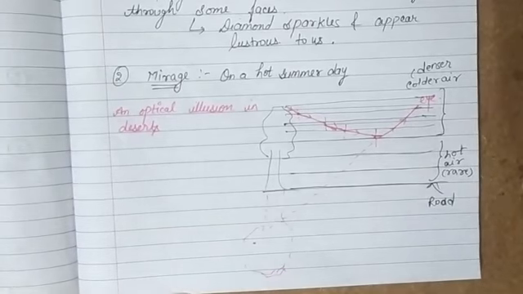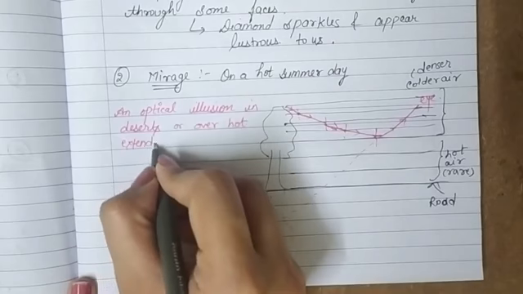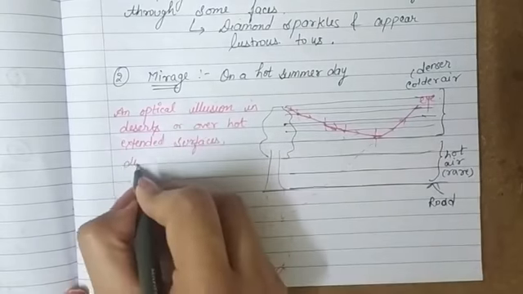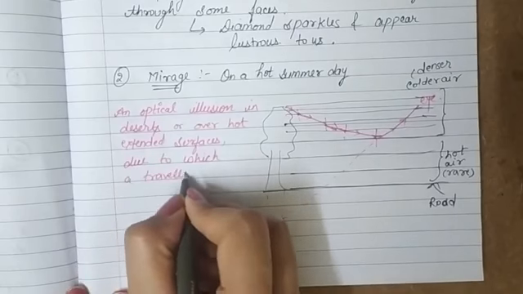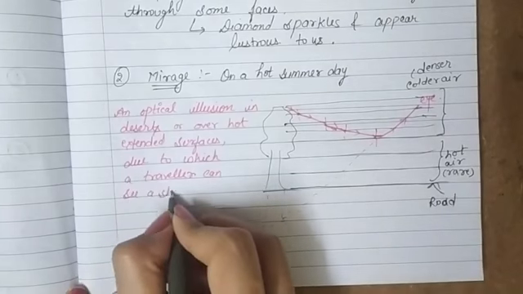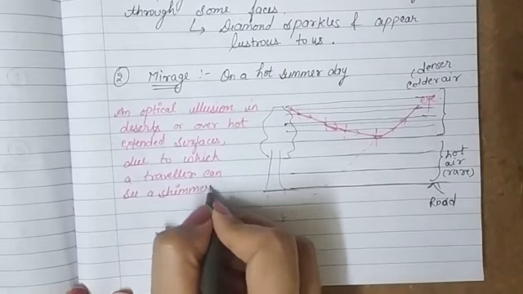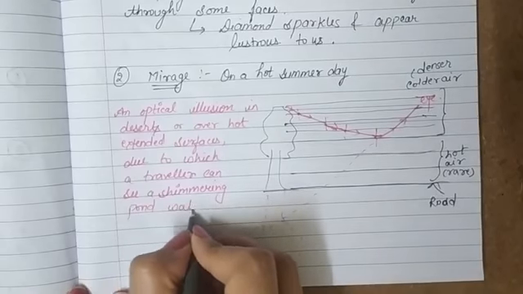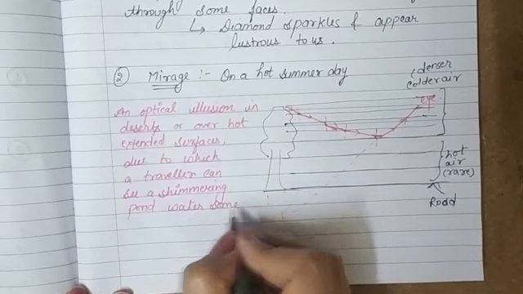So, an optical illusion in deserts or over hot extended surfaces, due to which a traveler can see a shimmering pond of water some distance ahead.